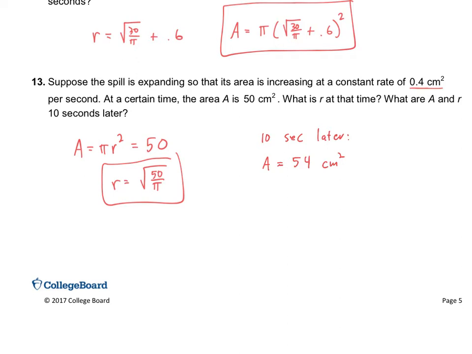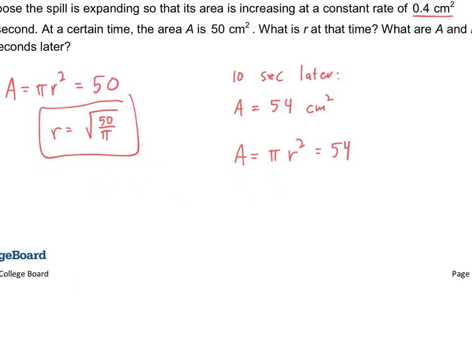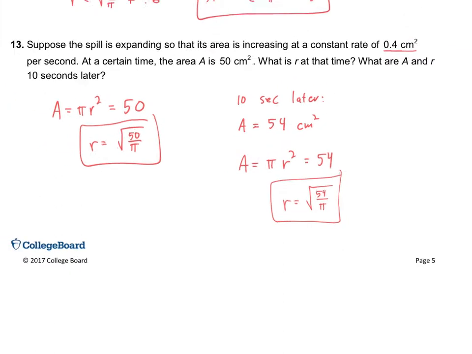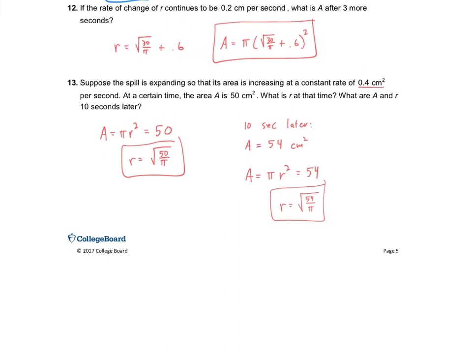It started at 50 and we added 4 square centimeters. And then if this is the area, we already know the formula for radius, so we can solve for that. If area is, again, pi r squared, and that equals 54, we can say this is r. Okay, so that's all 10 seconds later.